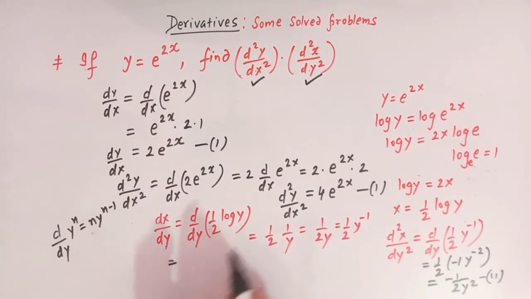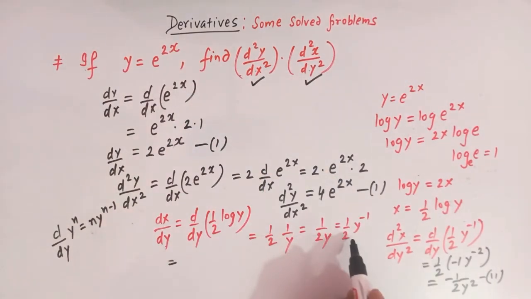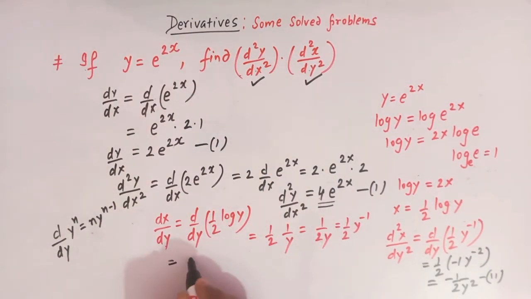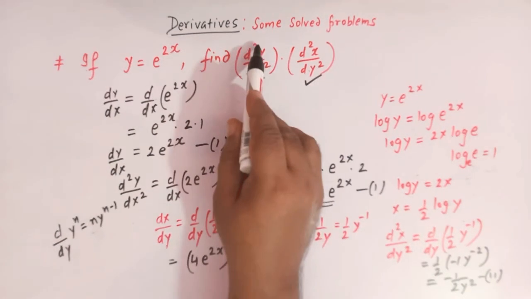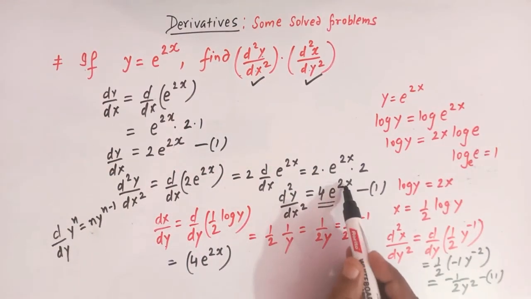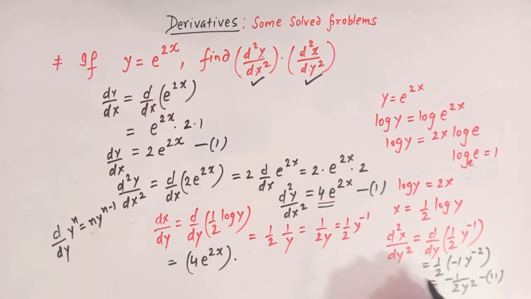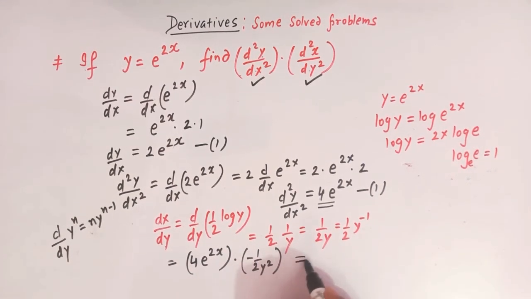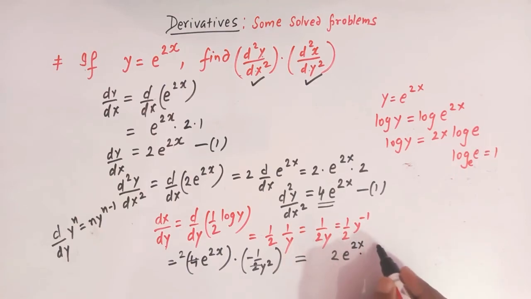So see, the product of these two terms is now equal to 4 times e raised to 2x, because d2y over dx2 is 4 times e raised to 2x, and d2x over dy2 is minus 1 over 2y square, right? So now let us simplify this expression. Here we have 4 over 2, so we have 2 times e raised to 2x, and here we have minus 1 over y square.